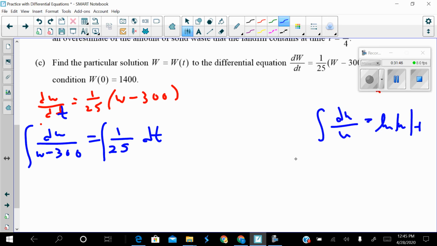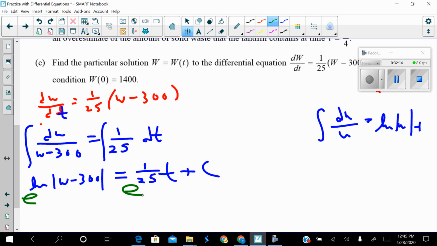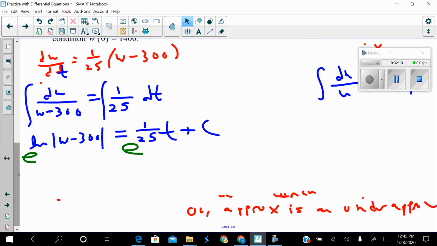So on this side, I just get the ln of w minus 300. The other side, I'm just integrating a constant, but now the variable is t, so that is just going to be 1/25 t plus c. Now we're trying to solve for w, so I'm going to exponentiate. In other words, I'm going to say e to this side is equal to e to that side.